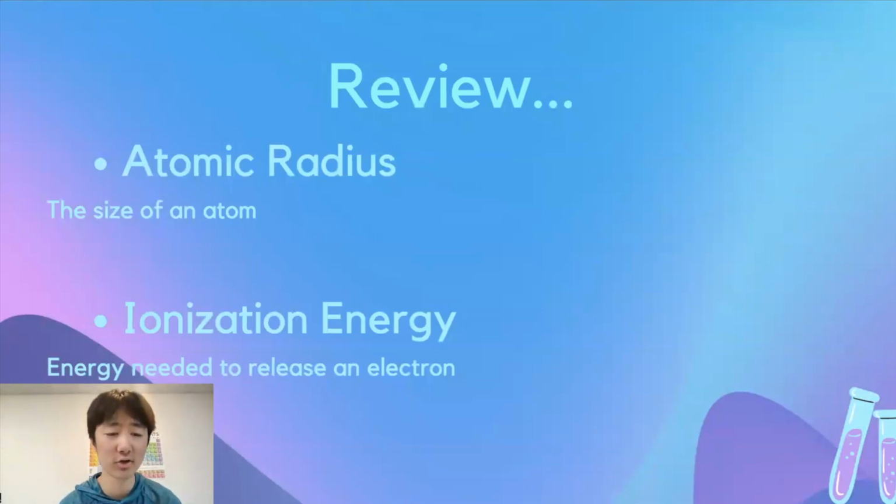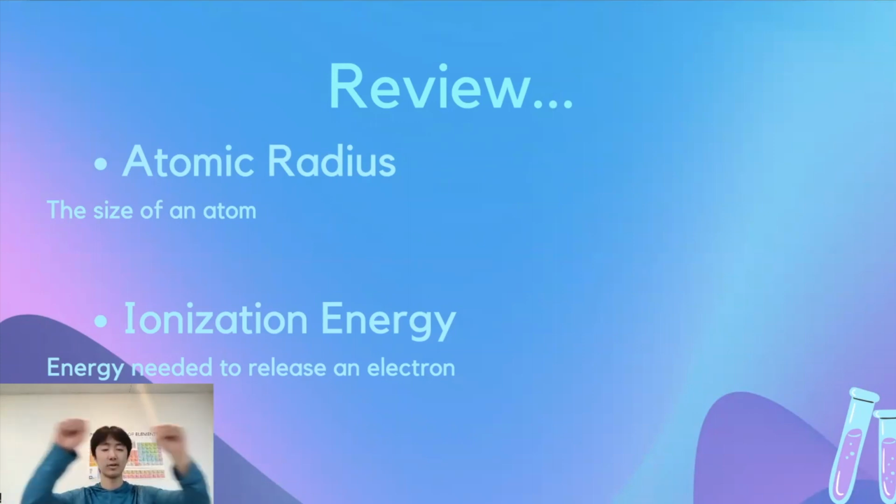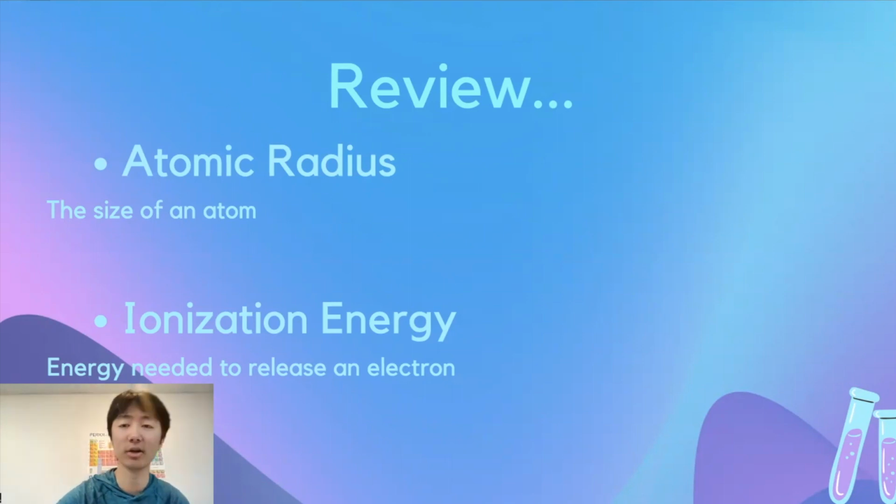And for ionization energy, as you go right, the ionization energy increases due to the higher attraction, so you need more energy to release that electron. And as you go down a group, the ionization energy decreases because of more energy levels, which decreases the attraction between the valence electron and proton, and so you need less energy to release that valence electron.